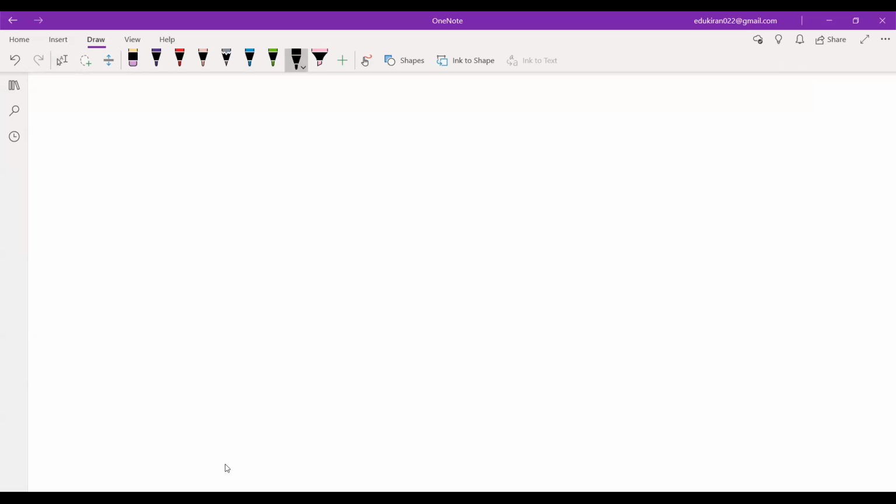Now we want to answer the question, why does anything happen? Okay, if I start with a simple analogy, this is a pen, and this pen is at some height h above the ground. So what will happen? It will fall down, and it will remain here.